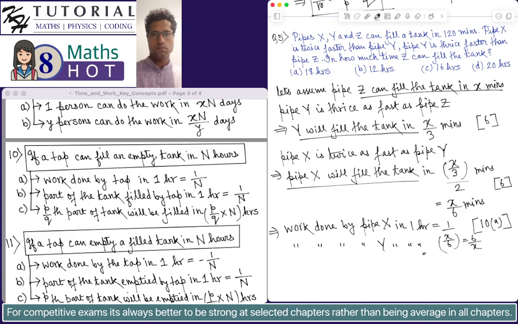Similarly, work done by pipe Y in 1 hour will be equal to 1 by x by 3. This is equal to 3 by x.